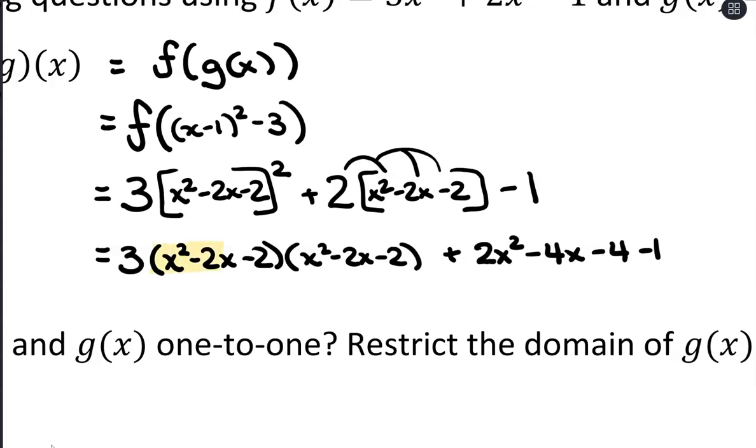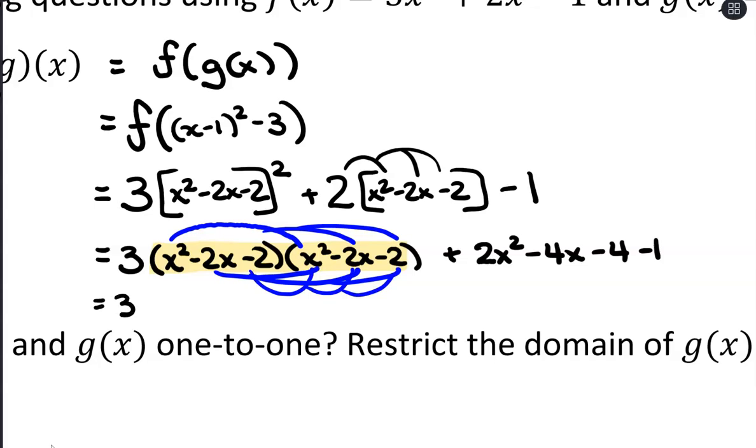So the tricky part is multiplying this out, and it's not hard, it's just messy. So what we need to be sure that we do is distribute the x squared, distribute the 2x, and I'm going to run out of space here, but distribute that negative 2 as well.